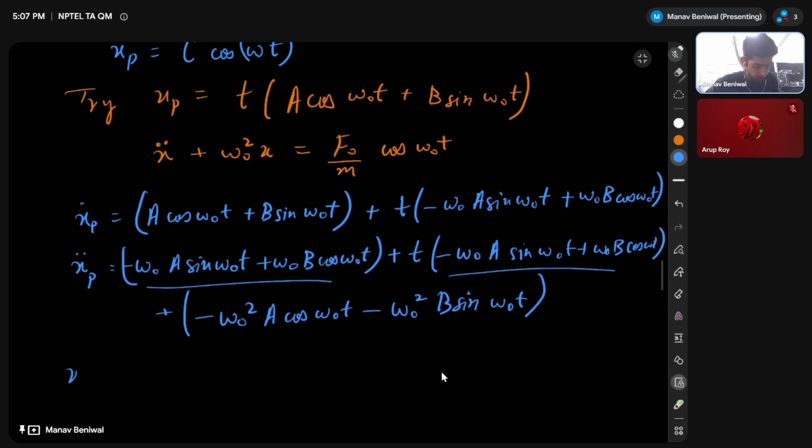So we can write x double dot of p as 1 plus t, taking omega naught outside, and a minus sign outside: a sine omega naught t minus b cos omega naught t.